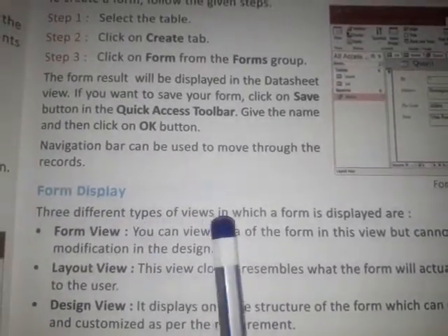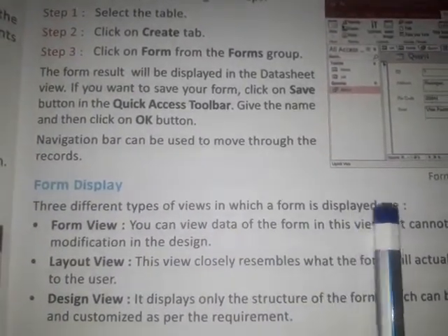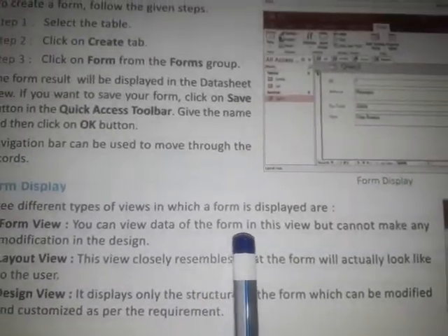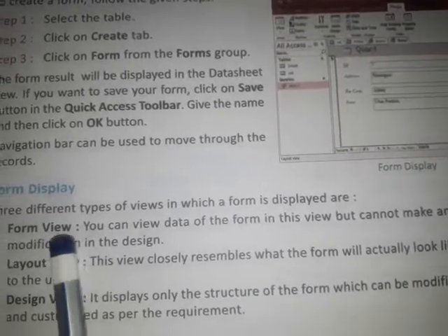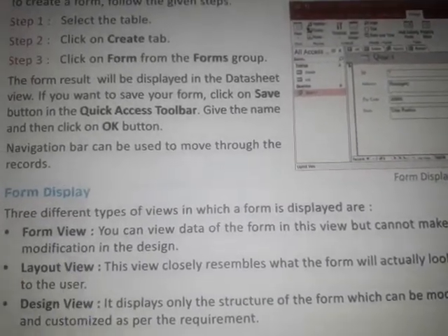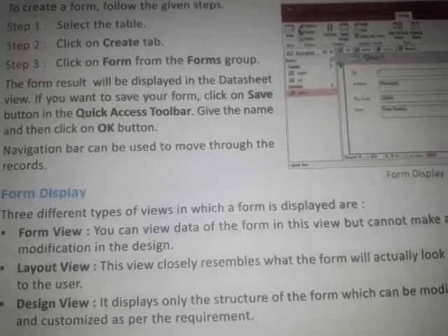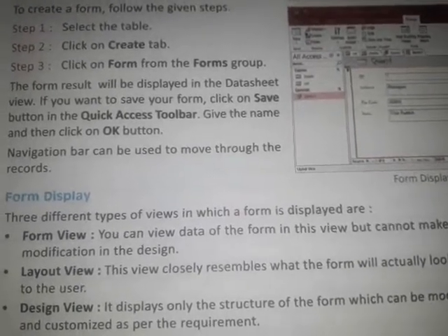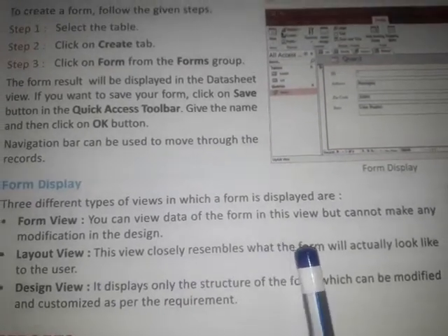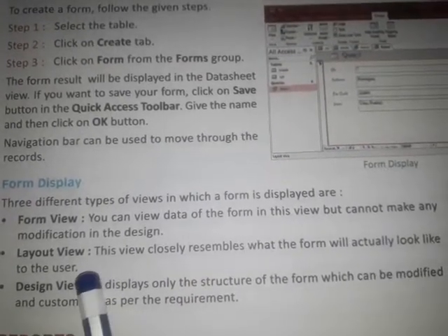Look at here. Three different types of views in which a form is displayed are: first one is form view. You can view data of the form in this view but cannot make any modification in the design. If a form is displayed in form view, you can only view the form. You cannot change the data. Layout view. This view closely resembles what the form will actually look like to the user.